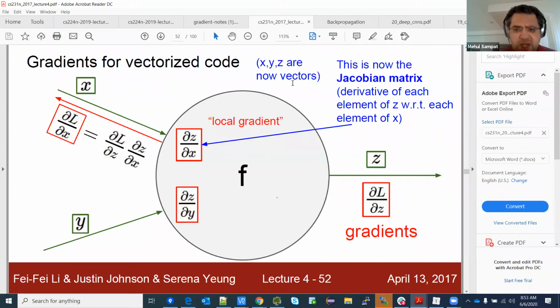So you have to take the derivative of each element of Z with respect to each element of X. So your local gradients get a little more complicated, but it's building on the same theme.